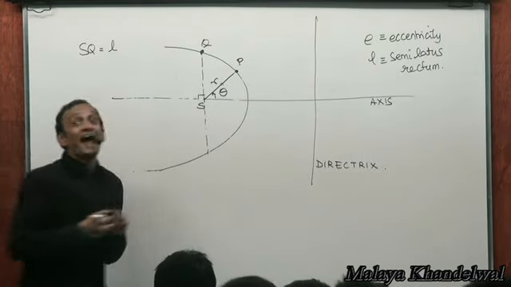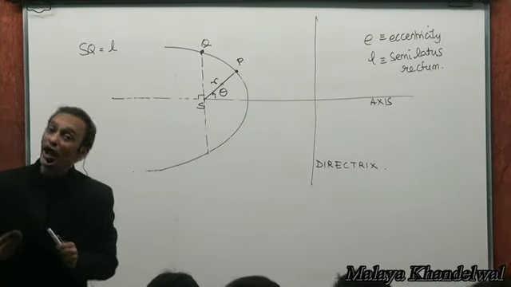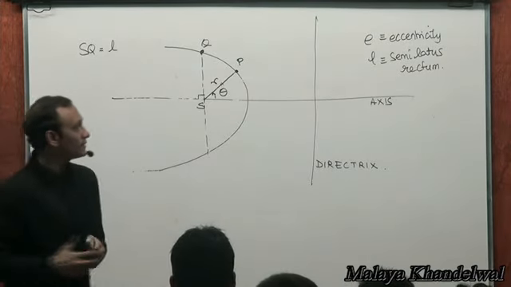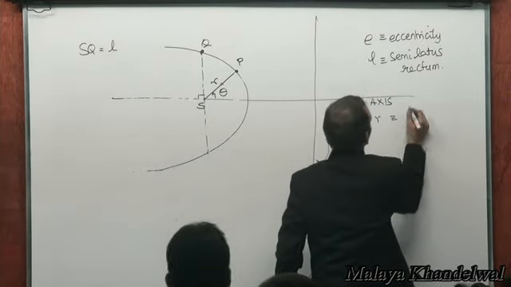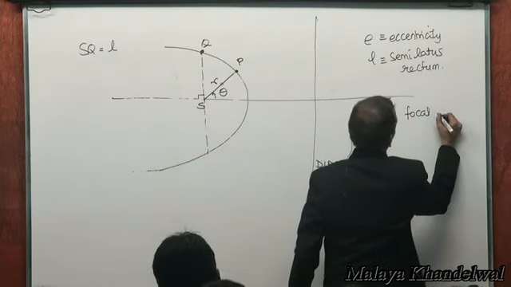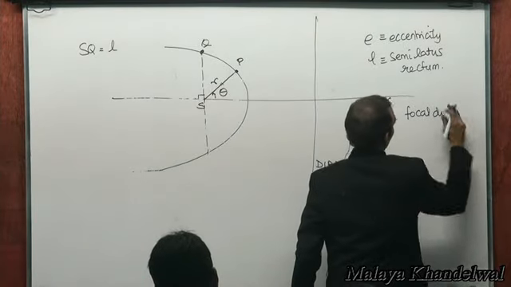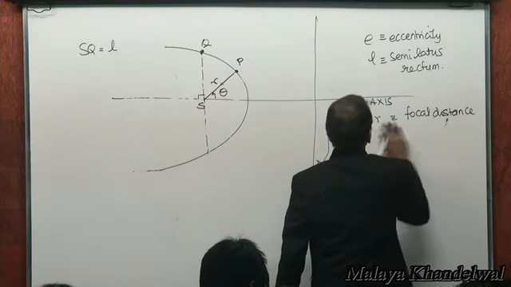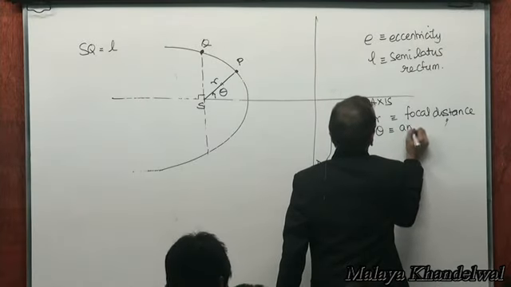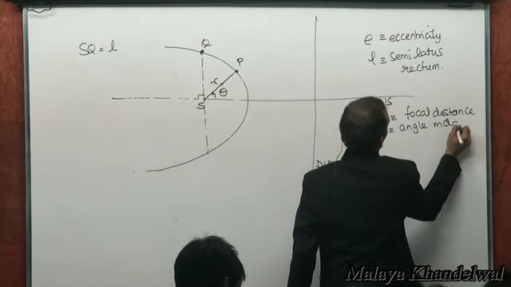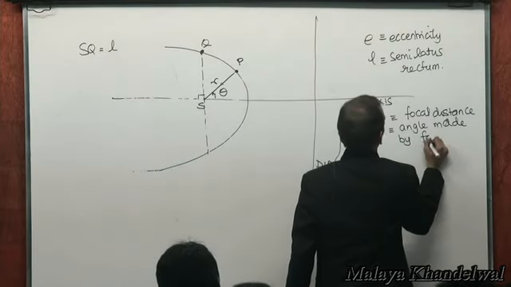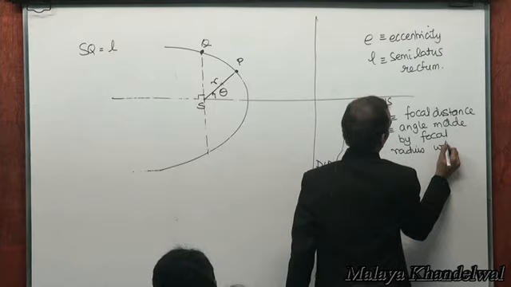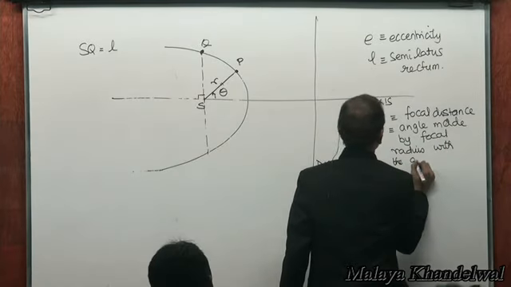Theta is the angle that the focal radius makes with the axis, right? r is the focal distance, and theta is the angle made by the focal radius with the axis.